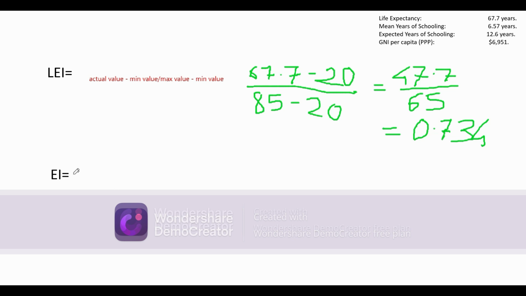Now let's calculate the education index, taking the same formula. What is the actual value for mean years of schooling? Let's take mean years of schooling first.